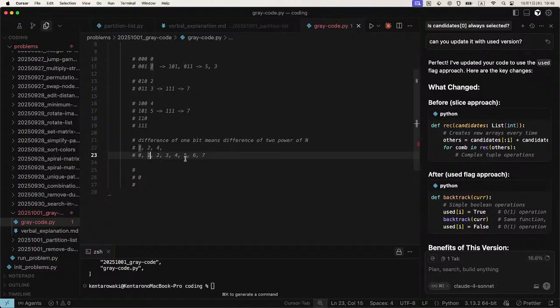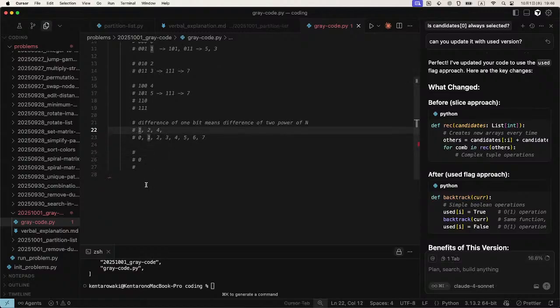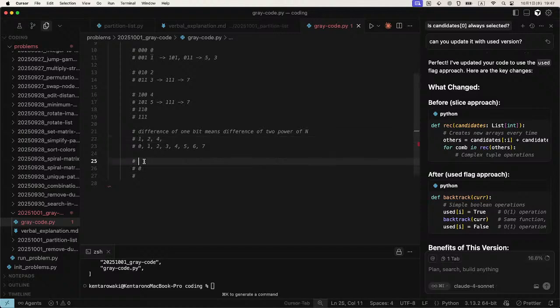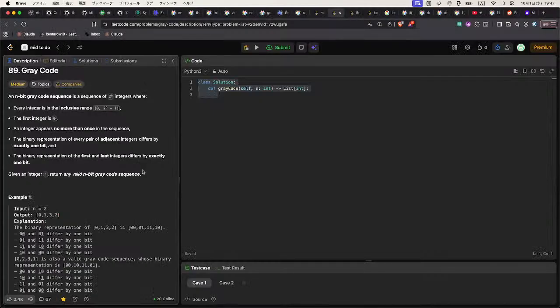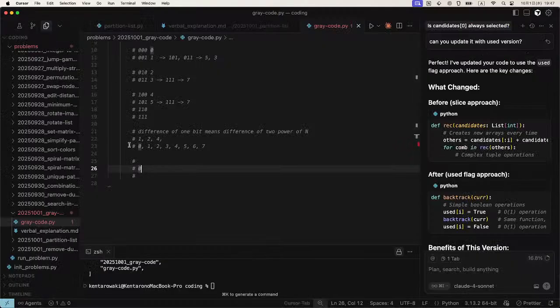And to make a cycle, 1, 2 or 4 must be adjacent to 0. How to pick?